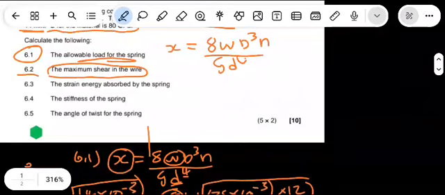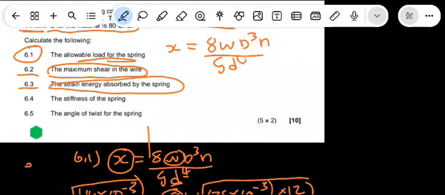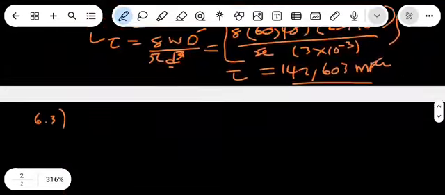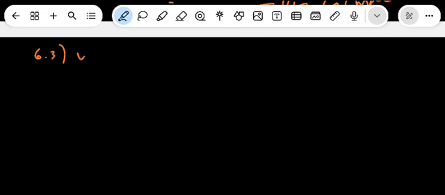All right, so here the strain energy absorbed by the spring, which is often denoted by U. You know, the strain energy from N5 must be the weight multiplied by the deflection divided by 2, the change in length.